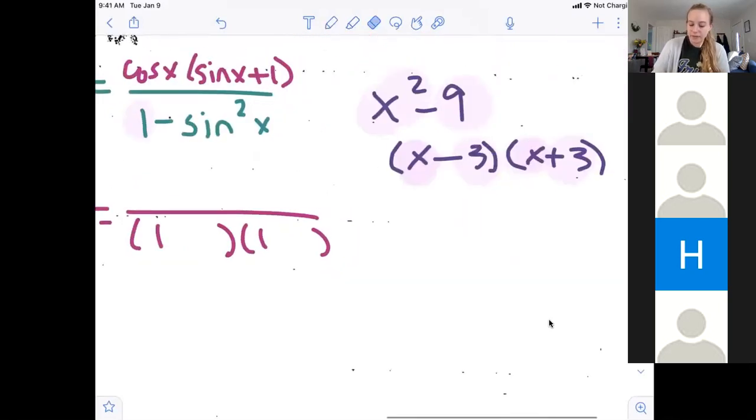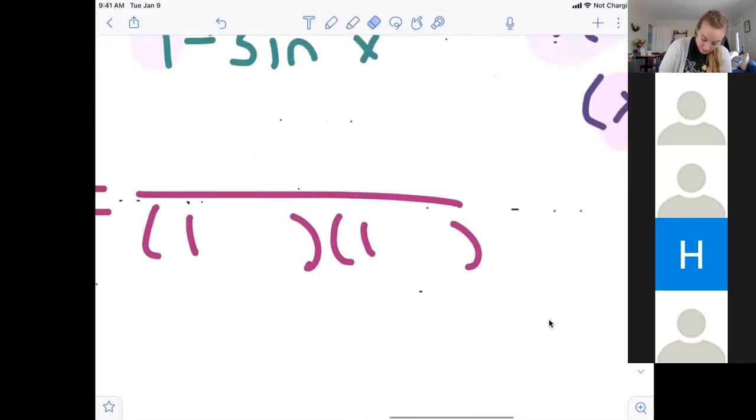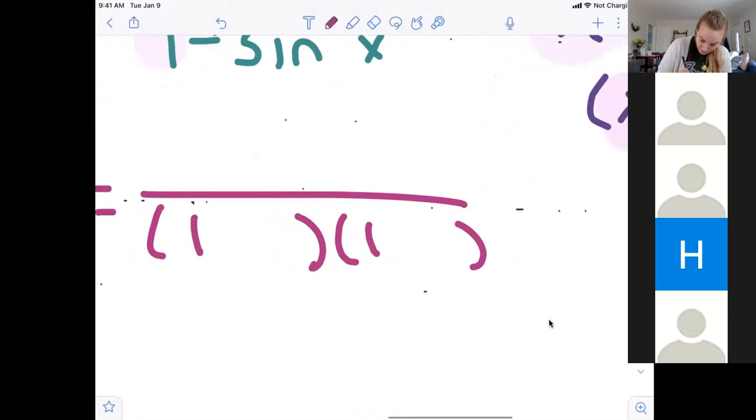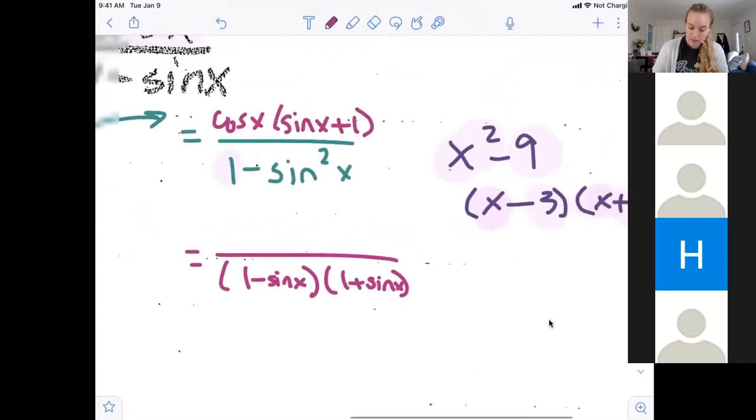And then instead of writing 3 and 3, I've got sine squared, which I can break apart into minus sine of x and plus sine of x.